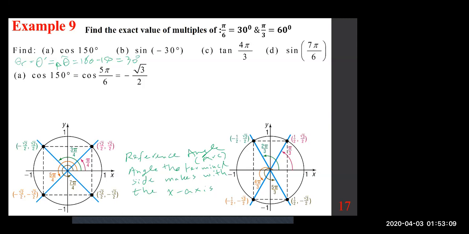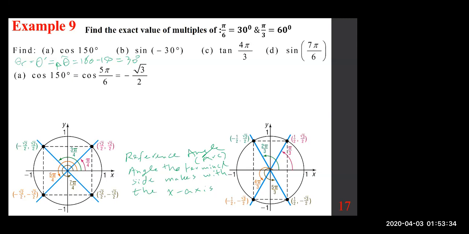Which means the answer is the same as cosine of 30 degrees. However, cosine is negative in this second quadrant. Okay, everybody? That sounds good? Is everybody okay with that?